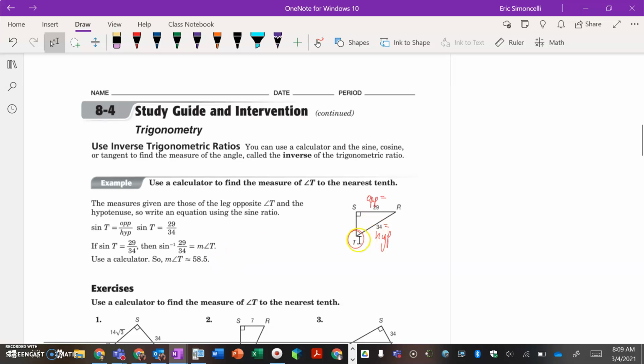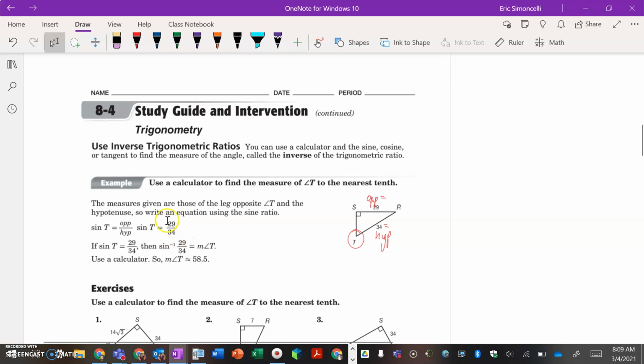To find angle t, we can use the opposite side and the hypotenuse, because as we remember, as SOHCAHTOA helped us remember, the sine of t is equal to opposite over hypotenuse. In other words, the sine of t is equal to 29 over 34.